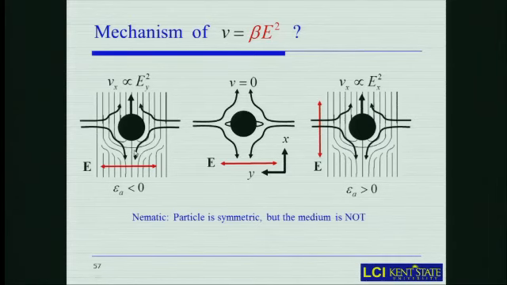Obviously, the mobilities of ions in this portion of space and in this portion of space are different. And the non-compensated motion of ions around the sphere leads to propulsion of the sphere.